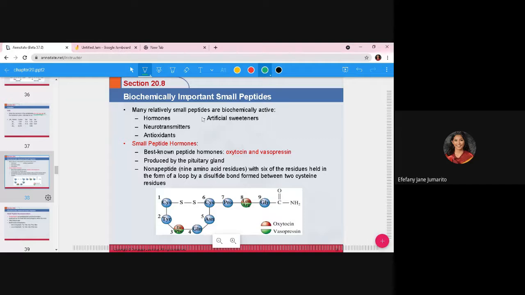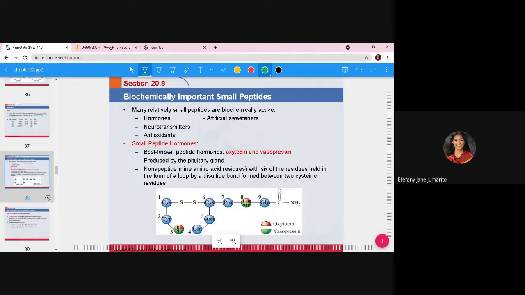Next, the biochemically important small peptides. We have hormone action, then neurotransmitters, antioxidants, and artificial sweeteners.